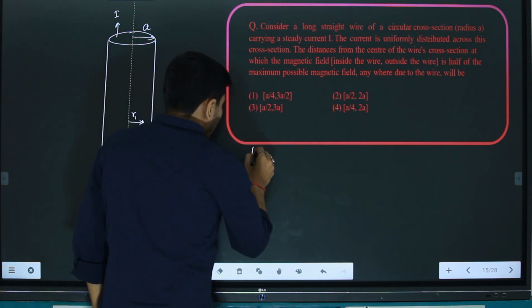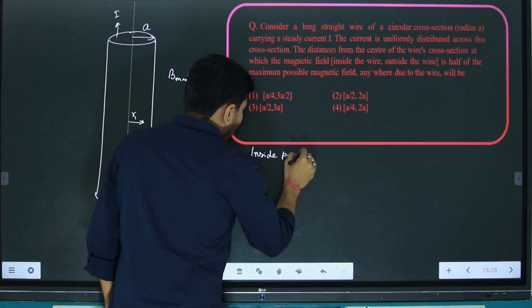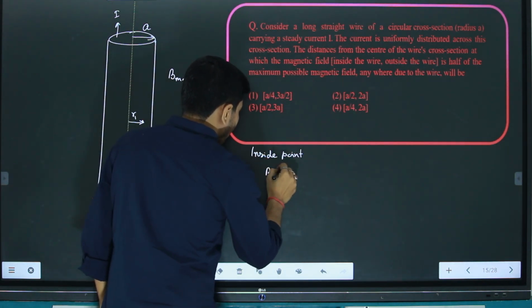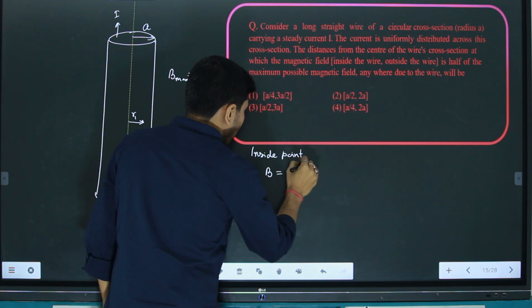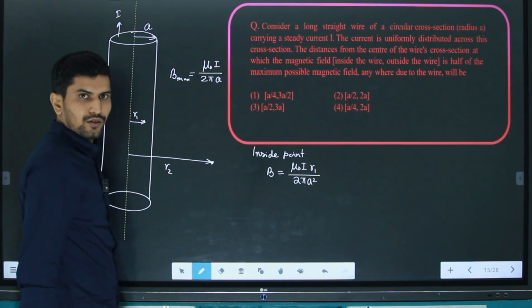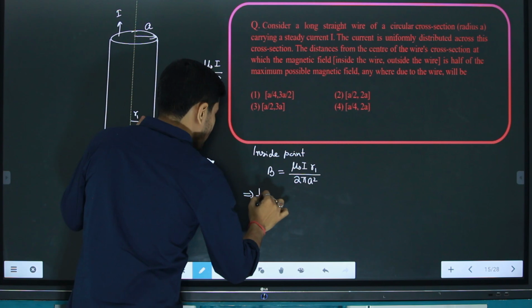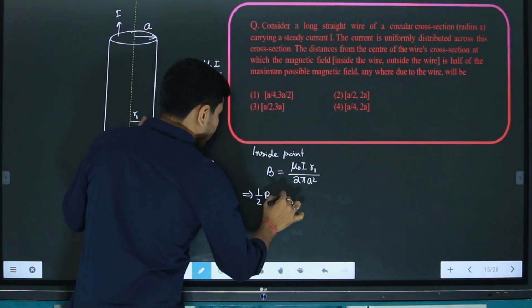When we talk about the inside point, what is the value of the magnetic field at a point inside? It is equal to mu naught I, times the distance from the axis, divided by 2 pi radius square. And according to the question, this should be a point which has magnetic field half of the maximum value.